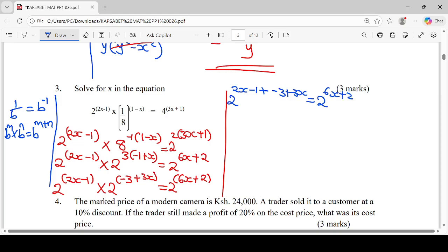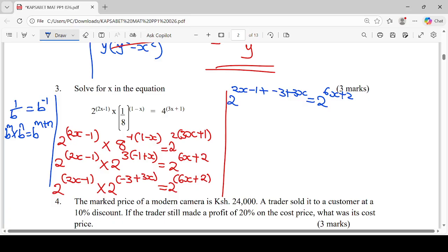On the left, because I was multiplying, I've added. Now, there is also another law that says, when dealing with indices, if the bases are the same, it means the powers are the same. Because now we are operating with base 2, meaning the base is the same, then you can ignore the bases and proceed with the powers.